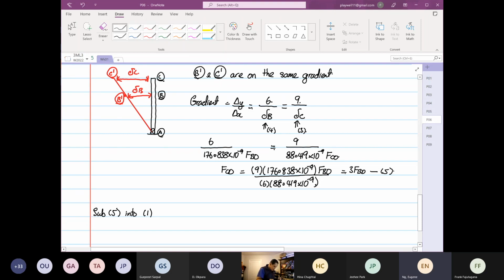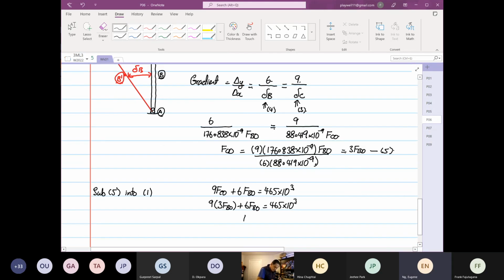So equation number 1 is 9FC naught, plus 6FB naught, and this will be equal to 465 times 10 to the power of 3. So it's 9 multiplied by 3FB naught plus 6FB naught is equal to 465 times 10 to the power 3.